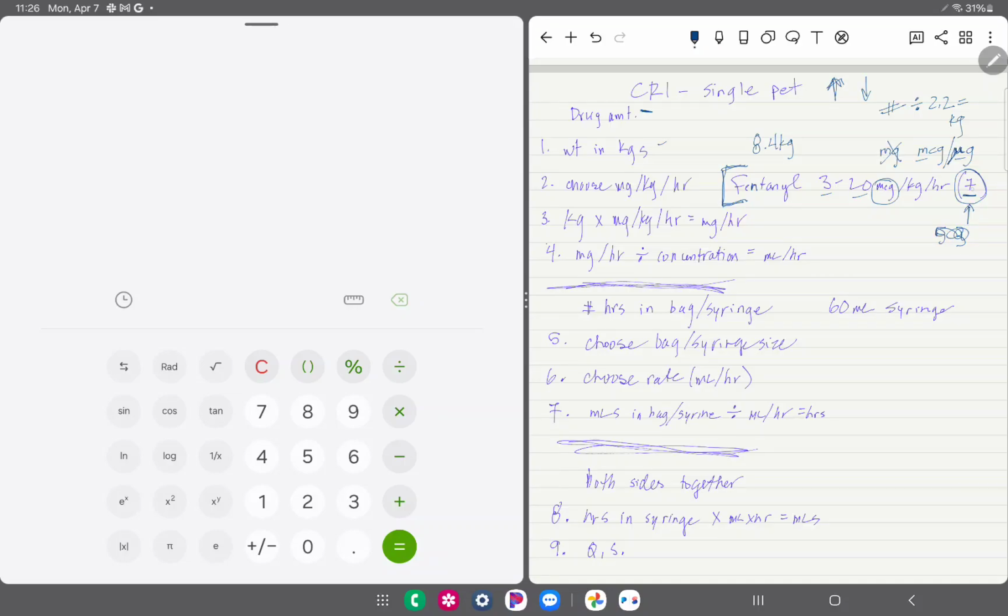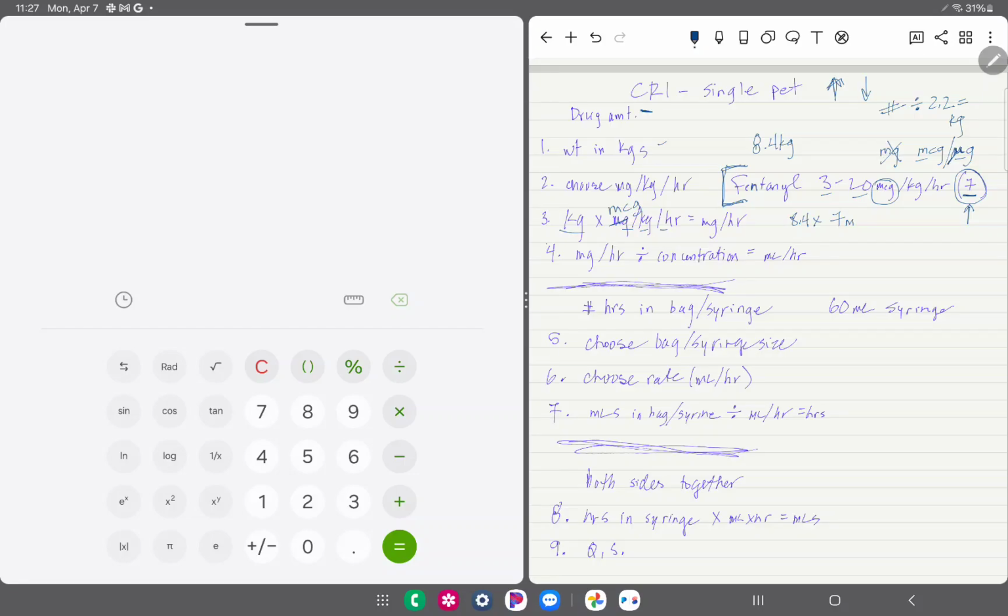So we're picking that. And then we're going to take our kgs, which is 8.4, times our mic per kg per hour, which we said was 7. Again, as long as we're starting with mic and ending with mic, we can do our calculation just fine.